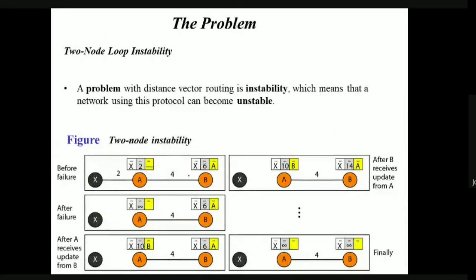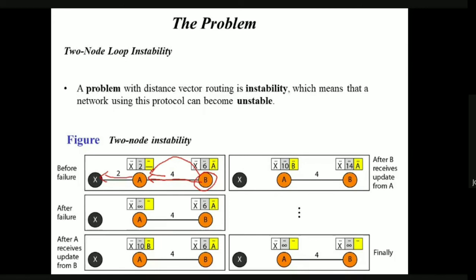In this diagram, this is node B. Node B thinks that the optimum route to reach X is via A, of course, because B is not directly connected to X, it has to go through A. But it actually does not need to advertise this information to A, right? A already knows how to go from A to X. So there is no need for B to tell A how to reach X, because it already got the information from A of how to reach X.